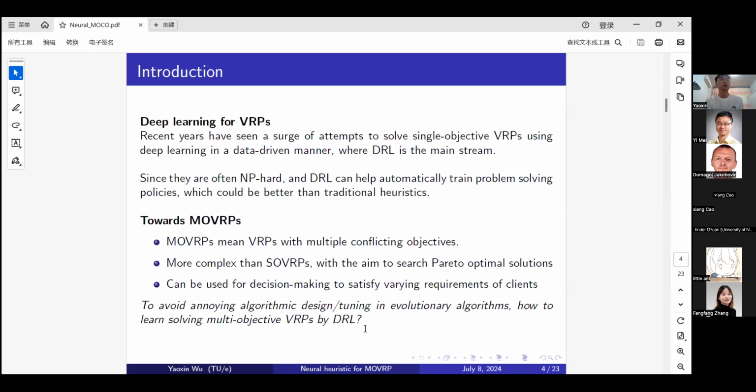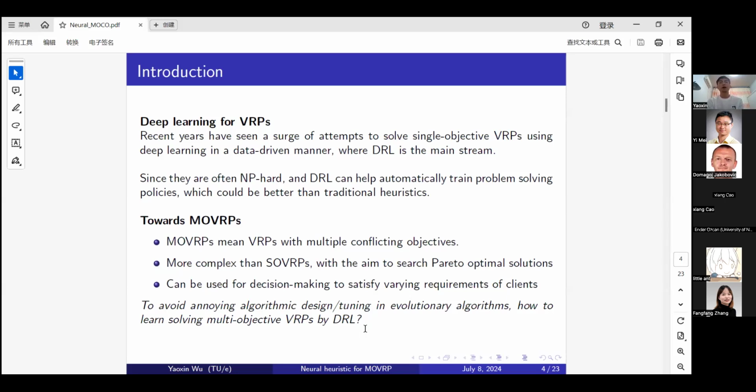For example, if you use a genetic algorithm, you need to determine which crossover operators you use and what the crossover probabilities are. So you have a lot of configurations to choose and many hyperparameters to tune. It will cost you a lot of effort and time.